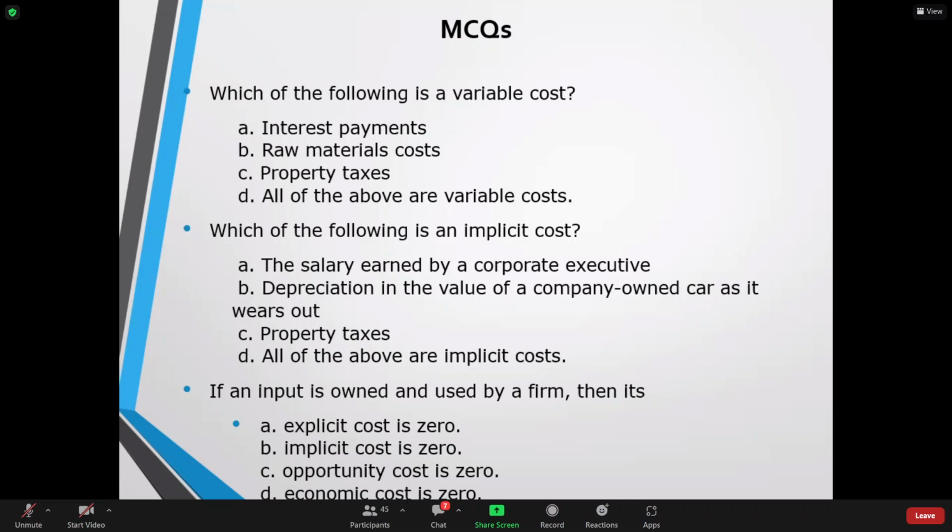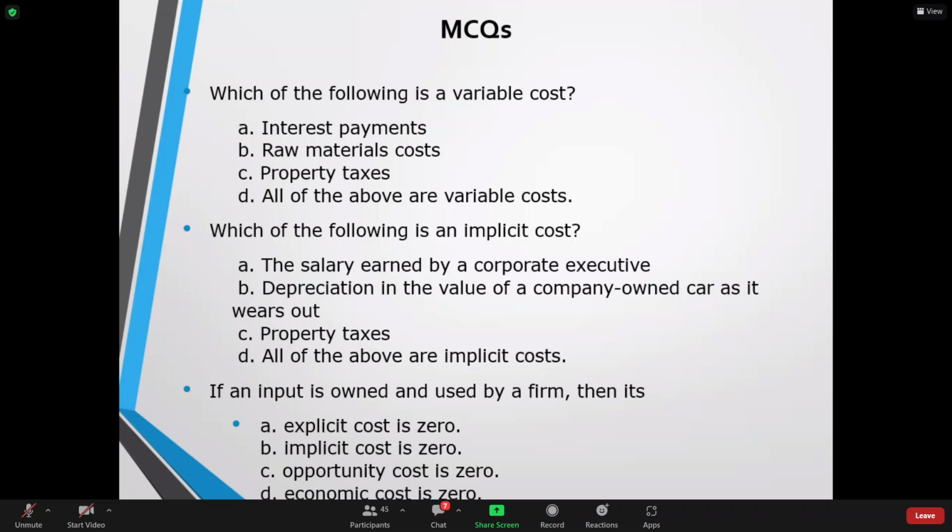So you have to understand variable cost is related to production. If anything changes, raw materials, yes. Labor also, because if there is production only, there will be labor, right? So labor and raw material are directly related to the production.